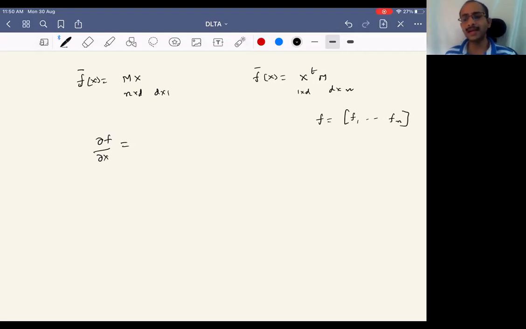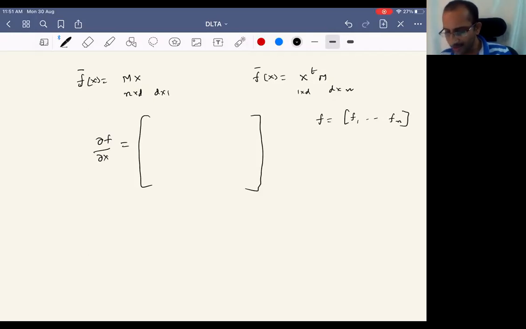They may be in terms of a row vector or a column vector, based on how we formulate f of x, how we give the function f of x. So in this case, how do I define dou f by dou x? Quick answer is welcome, because how we define it will change the answers.